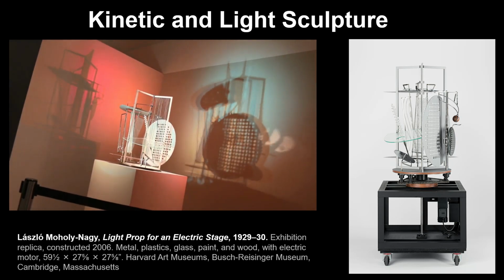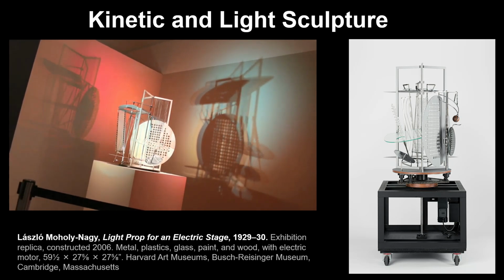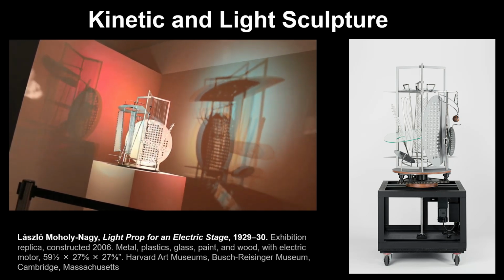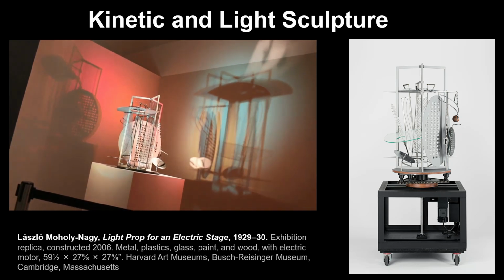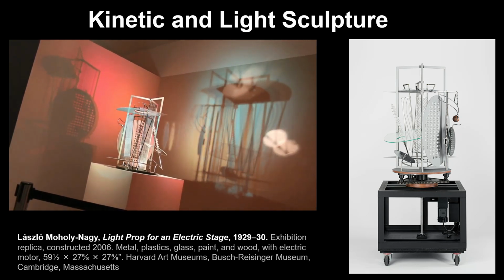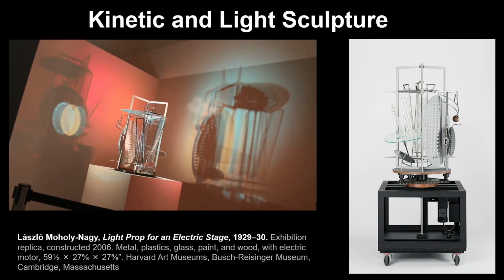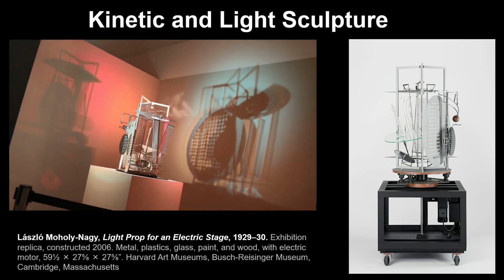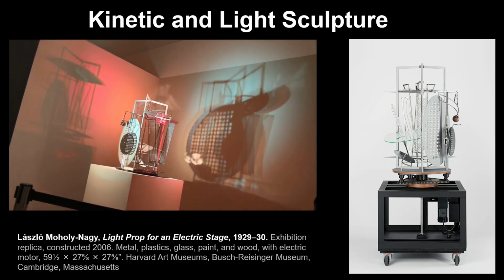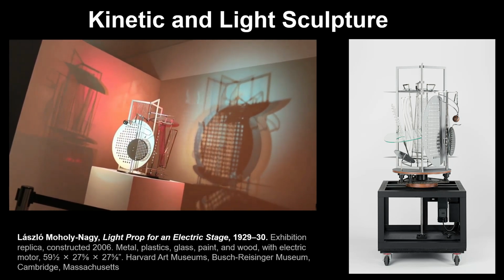And in many ways, he was sort of anticipating multimedia design that we see all the time today. You go to big concerts and you watch music performances on TV, and you see the use of screens and electronics and projected lights and lasers to create this sort of spectacular environment. And Moholy-Nagy didn't have that technology.